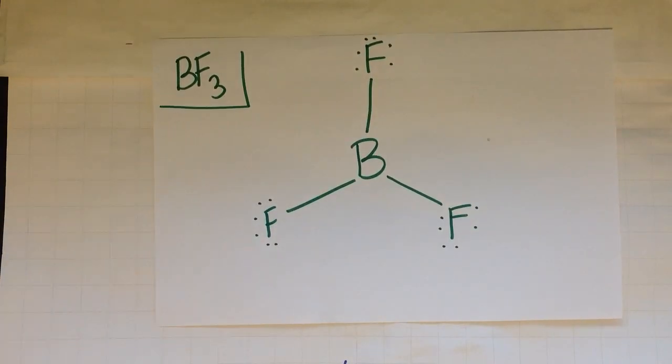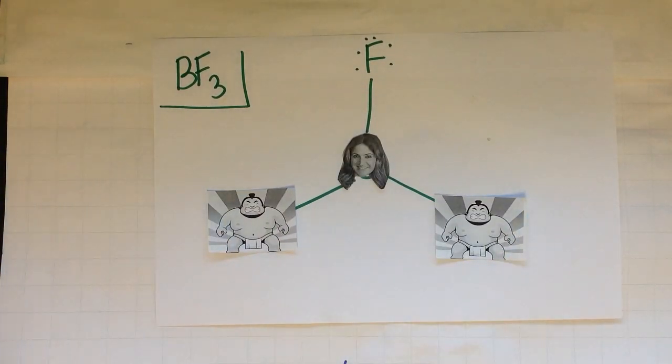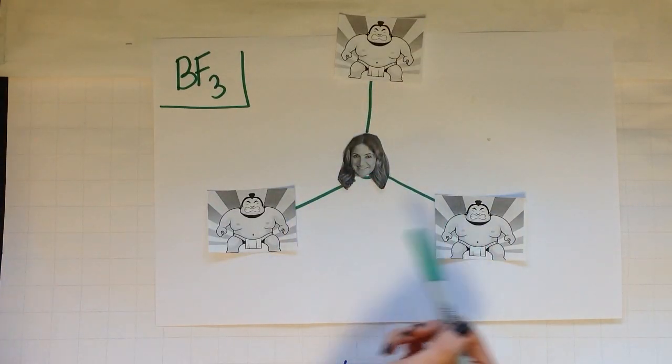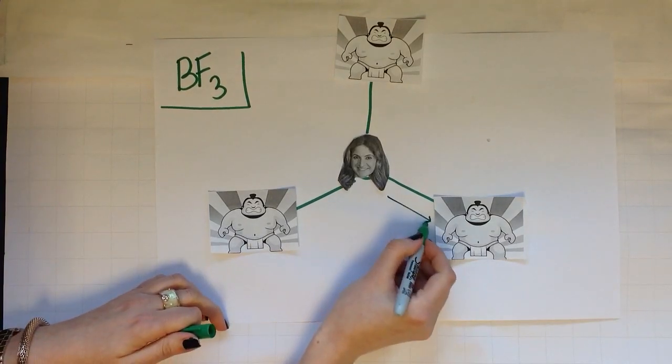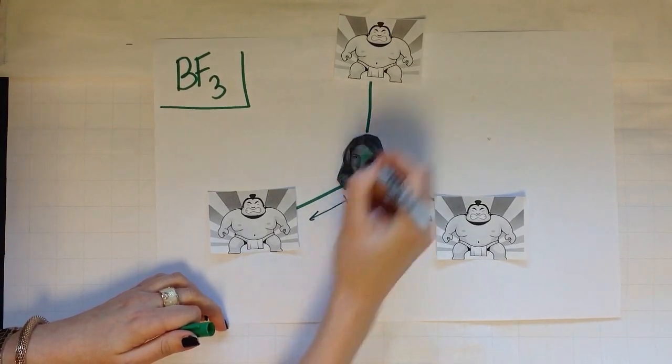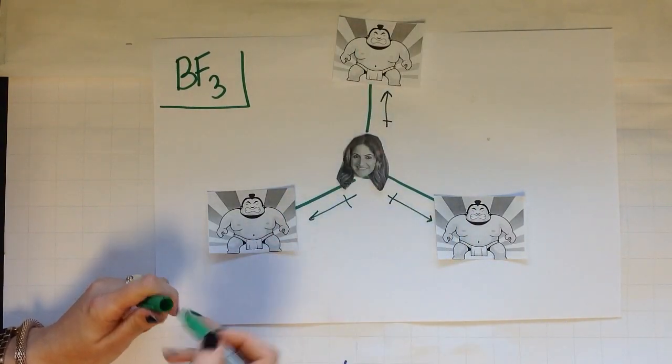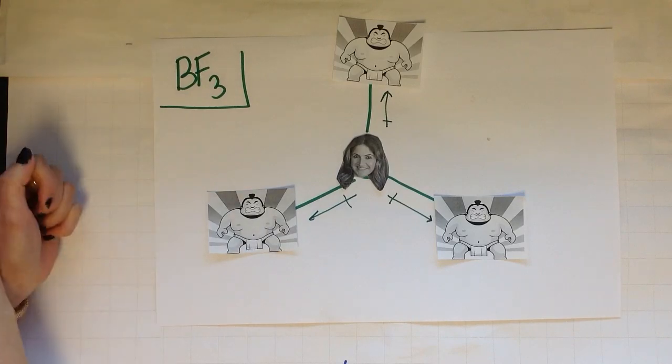Okay, how about this molecule, BF3, seen here? If you notice, the shape is trigonal planar. So I've got Miss B in the middle, and now I have 3 sumo wrestlers fighting over me. This sumo wrestler pulls just as much as this one and this one. They're clearly pulling harder, so they're more electronegative, leaving me a little bit more positive.